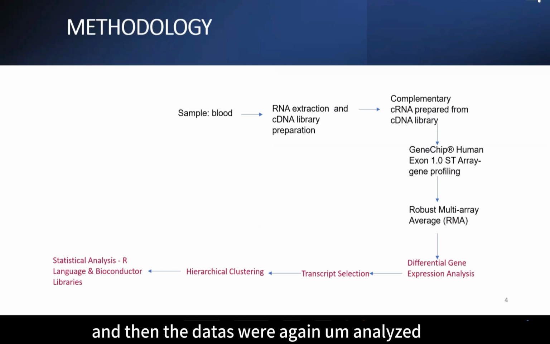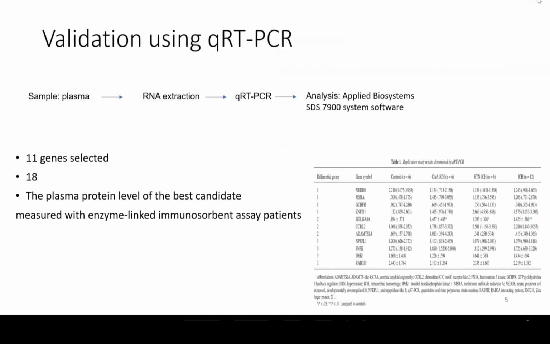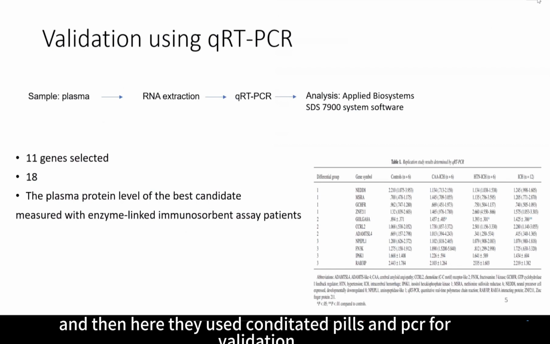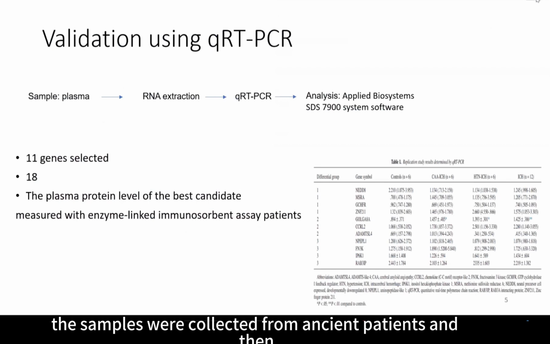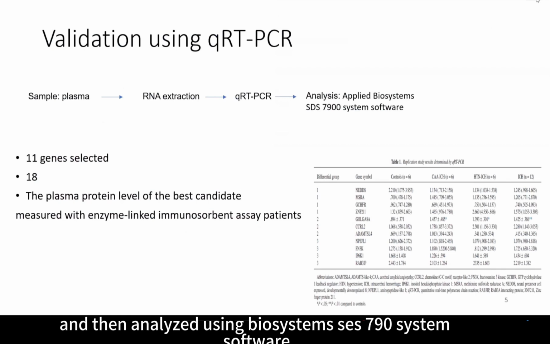The data were again analyzed using R language and Bioconductor libraries. Then a replicative study was conducted, and here they used quantitative real-time PCR for validation. The samples were collected from 18 patients, and they extracted RNA and did the PCR and then analyzed using Biosystems SDS 7900 system software.